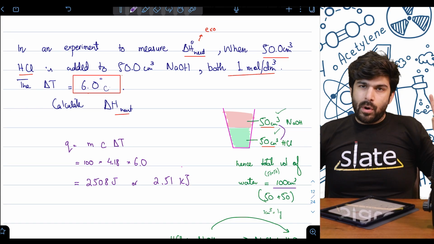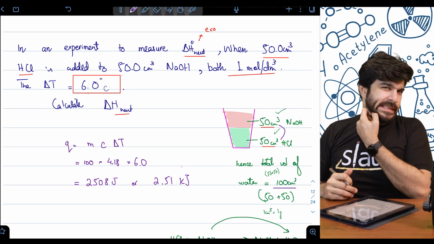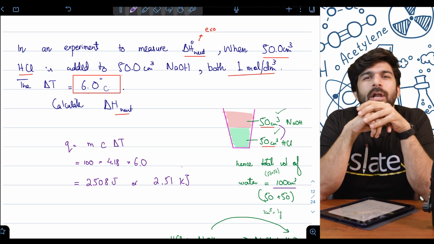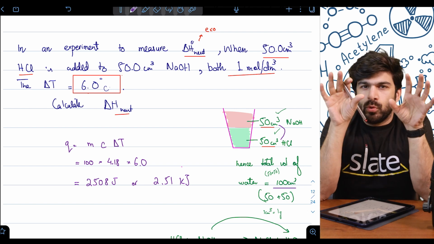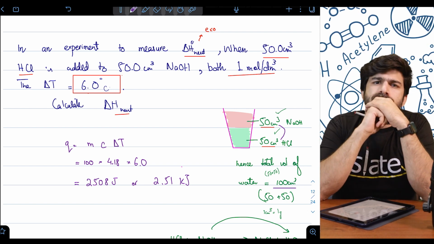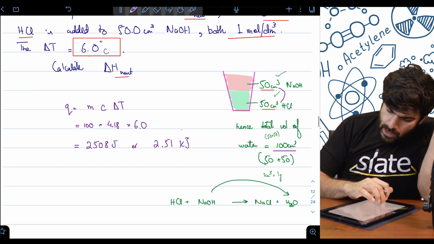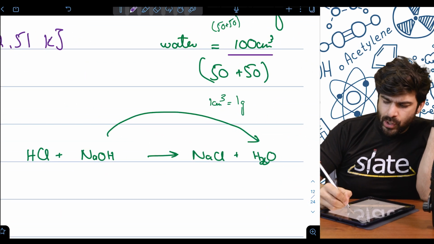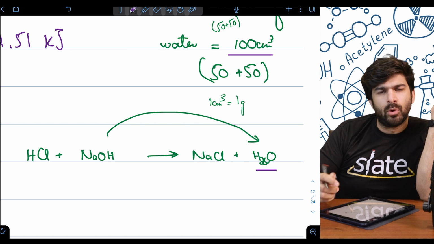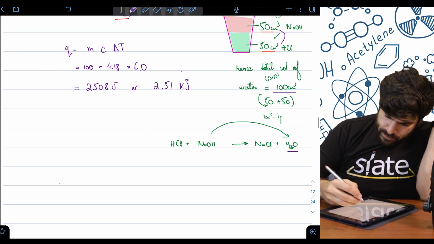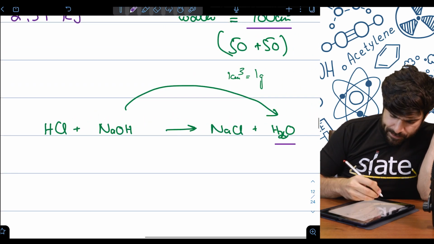Now, the moles of reactant, I told you one thing. In this case, in neutralization, it is about water. You need to find out the moles of water here. But how? We'll have to make this equation: HCl, NaOH, and they will tell us about the moles of water. 50 centimeter cube, both are the same.